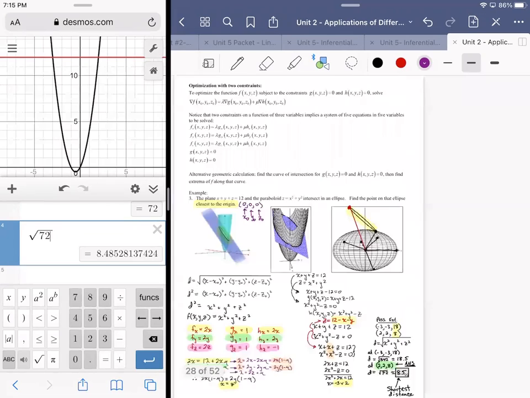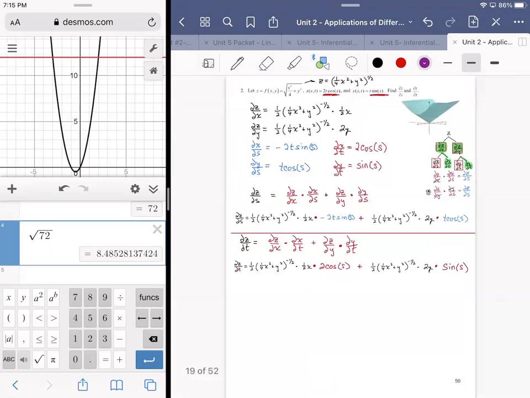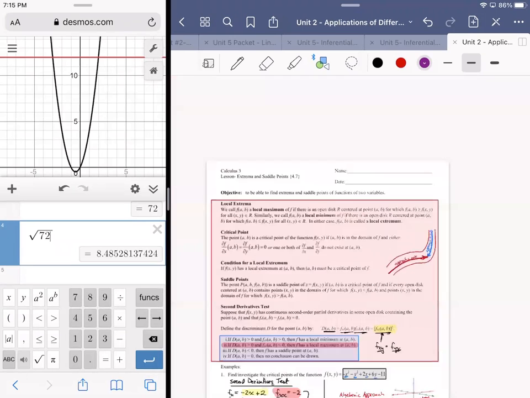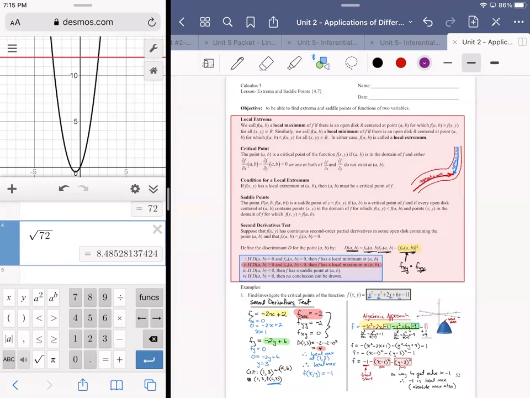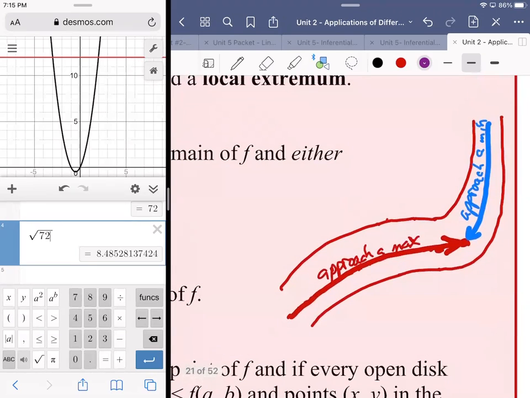Just going back, I want to find that terrible diagram I drew. This bad boy, from when we were talking about extreme and saddle points for the first time. It was the idea that the maximum is always going to be the highest point, but a point might appear to be the maximum from one perspective, and from another perspective, a point might appear to be the minimum.